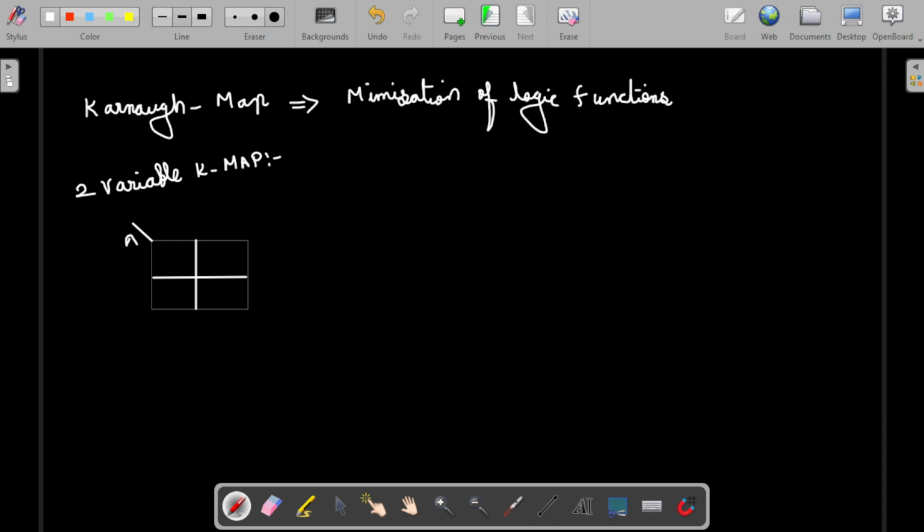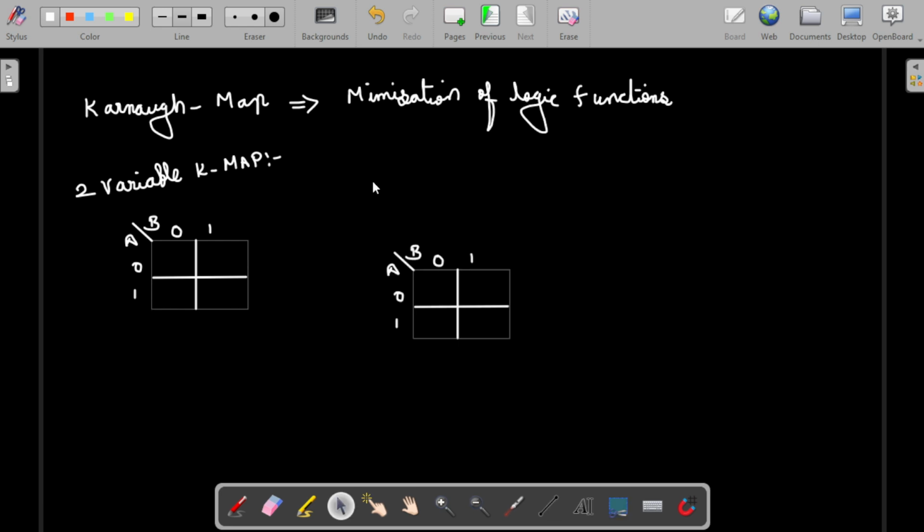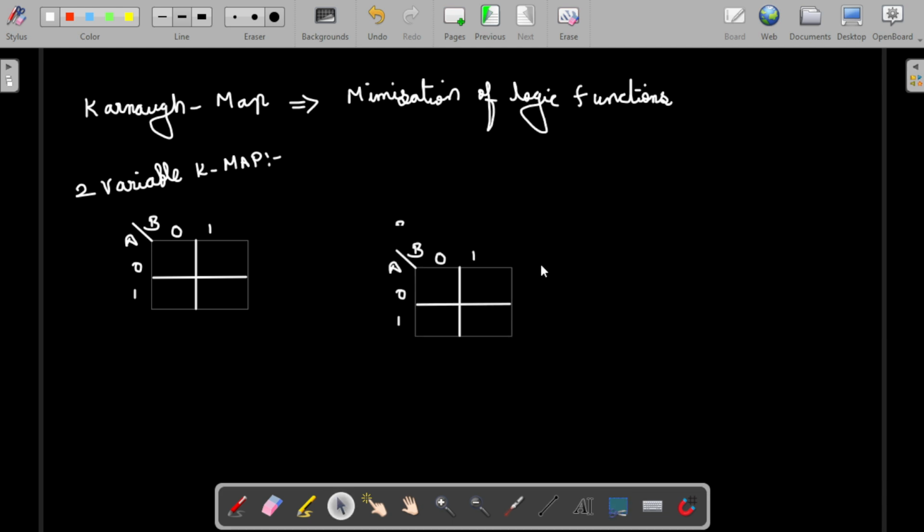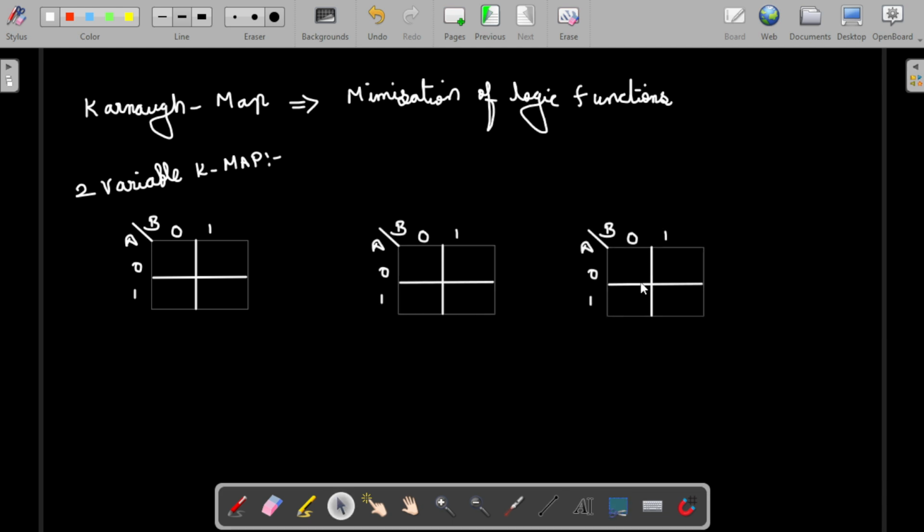This is as it is, two variables A and B. So the thing we have to represent is 0, 1, 0, 1. Let me copy this to two more sections. Okay, let's go one by one.